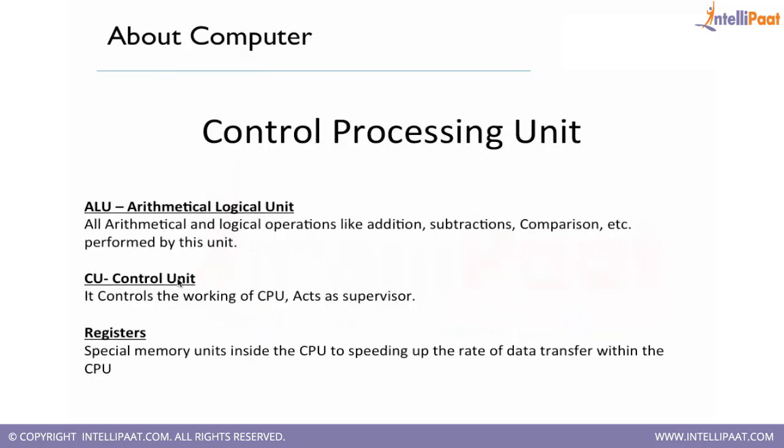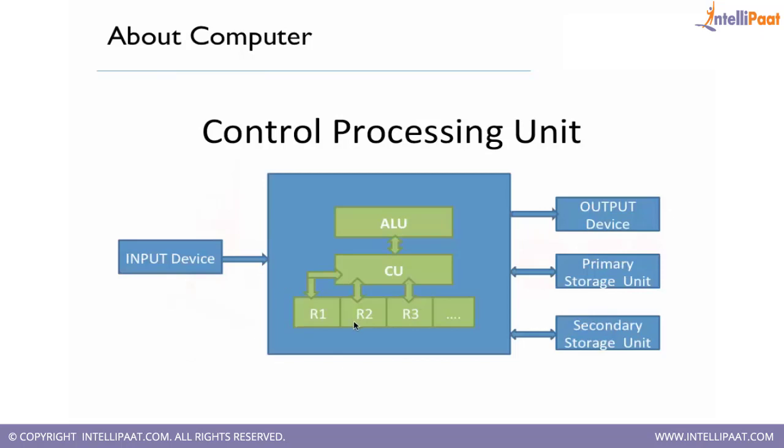CU is nothing but the control unit, and these are the registers which store data for immediate computation. So the control unit and ALU use the registers to do the calculation, and the CPU talks with input devices, output devices, primary storage and secondary storage.